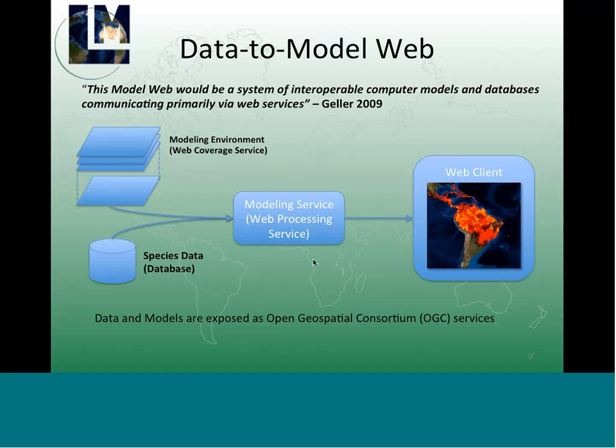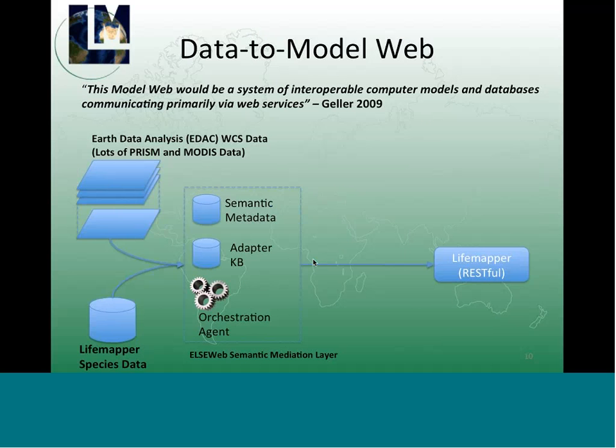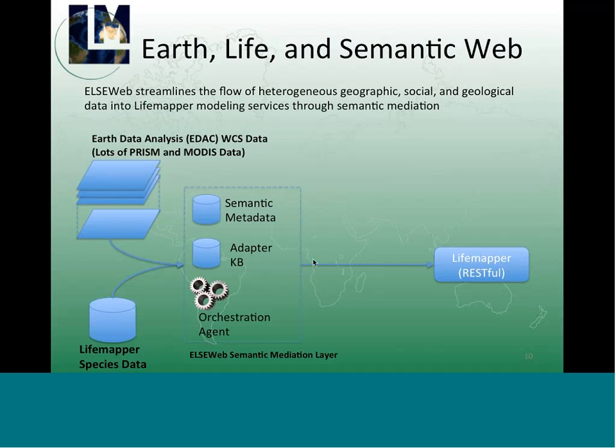This project is called ELSWeb, or Earth, Life, and Semantic Web. In this particular project, we're using marked up data from EDAC and services from Lifemapper. We're using the provenance standard. I'm not sure, I think it's an accepted W3C standard now.